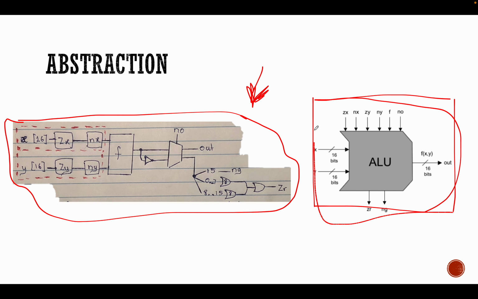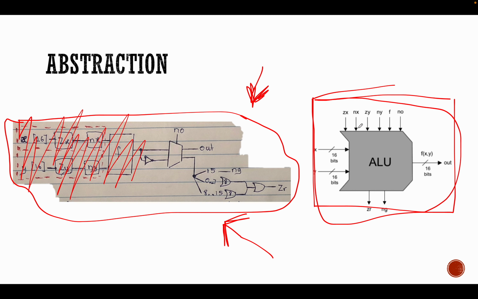This diagram is the abstraction of this entire diagram here. So you won't have to worry about what's happening inside the ALU. All you have to focus on is just the inputs and outputs, because the ALU will play a big part in understanding the Hack CPU, and the topics covered in later units.